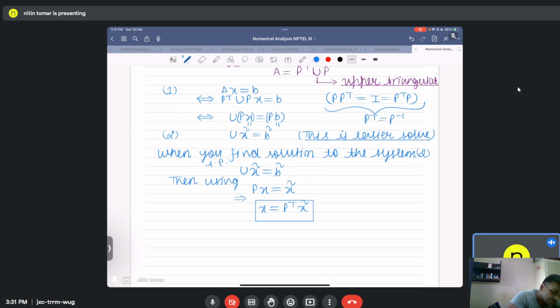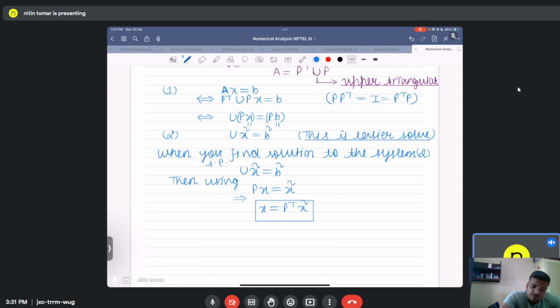This is called Schur's theorem, okay? But this is just a remark. This is nothing to do with what we are going to learn, but this is a quick remark. It might be very tempting: you had a system Ax equal to b, we converted it into system number 2 which involves an upper triangular matrix, correct?